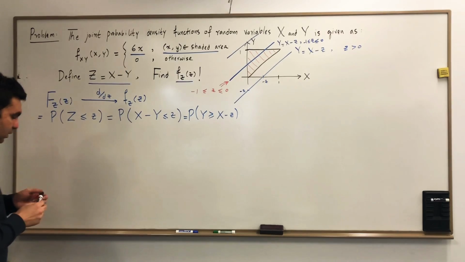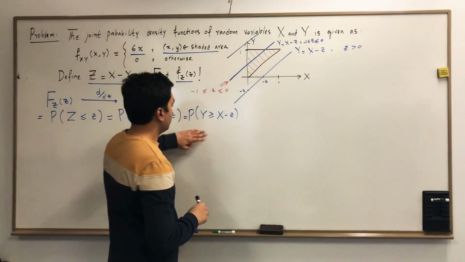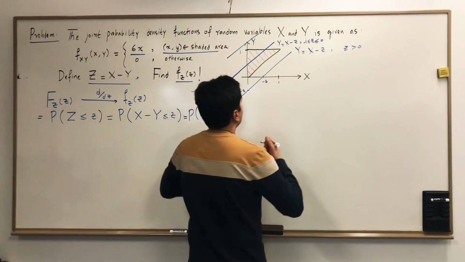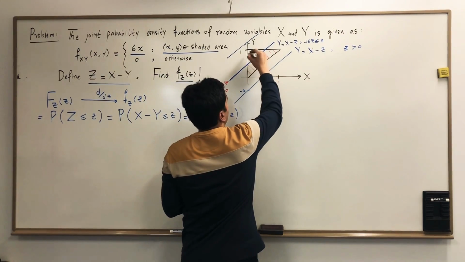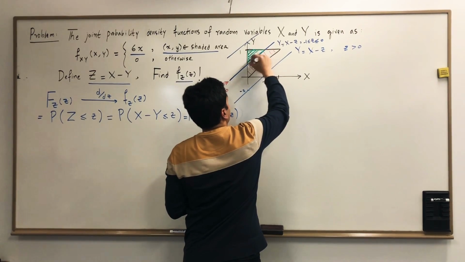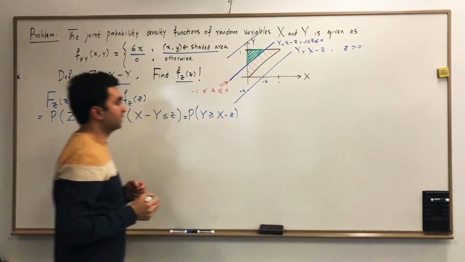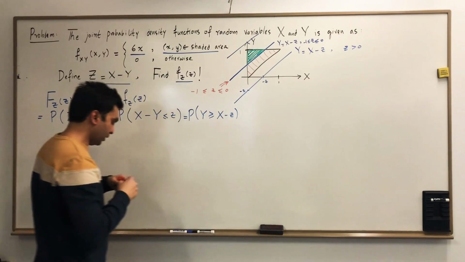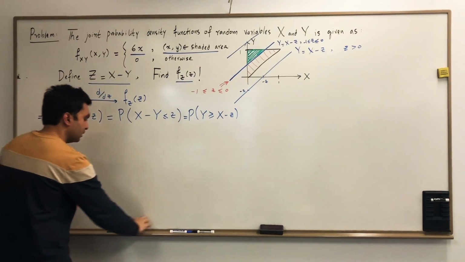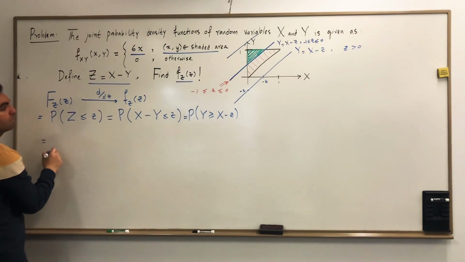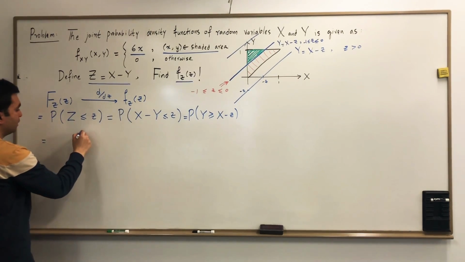So the probability that Y is bigger than X minus z means that we look above this line and we see that this is the region where basically Y is bigger than X minus z, and the density is defined for x and y. So computing this probability is just integrating the density over that shaded region.